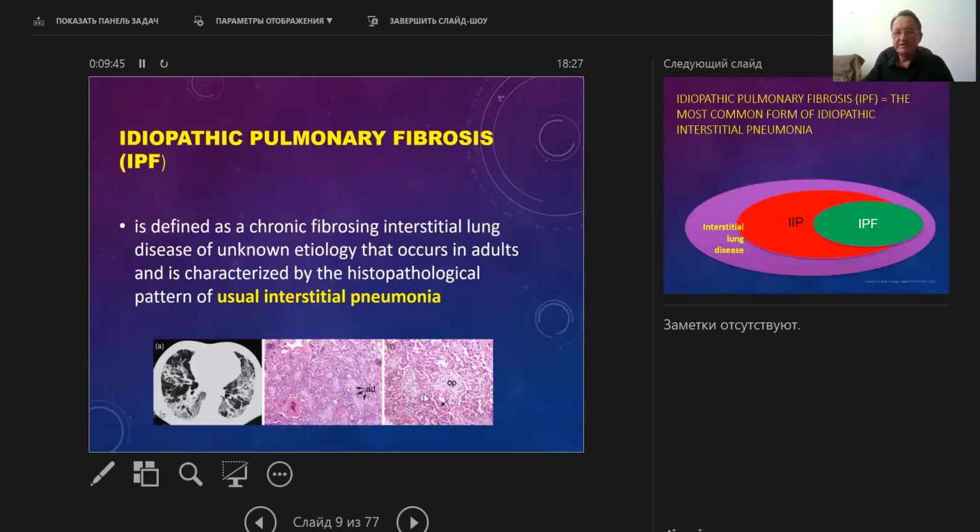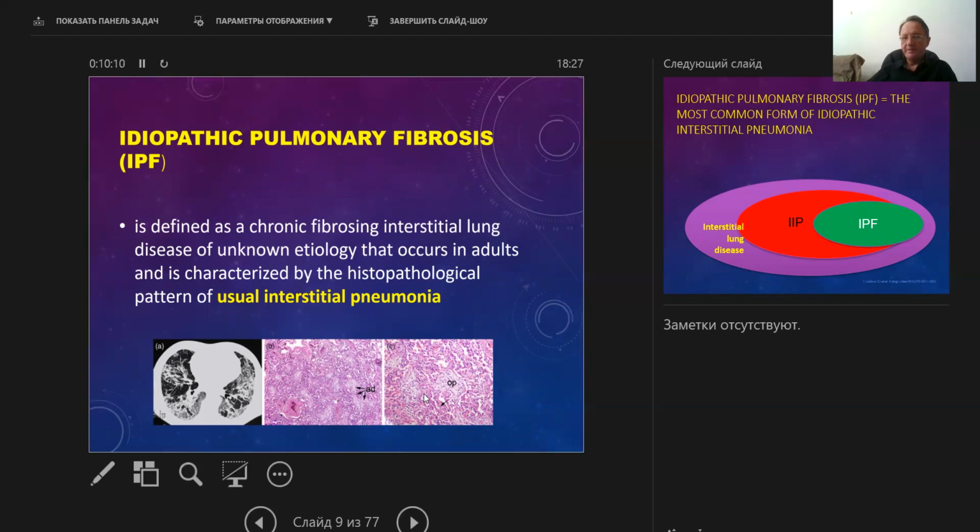So we start with idiopathic pulmonary fibrosis. It is defined as a chronic fibrosing interstitial lung disease of unknown etiology that occurs in adults and is characterized by the histopathological pattern of usual interstitial pneumonia.